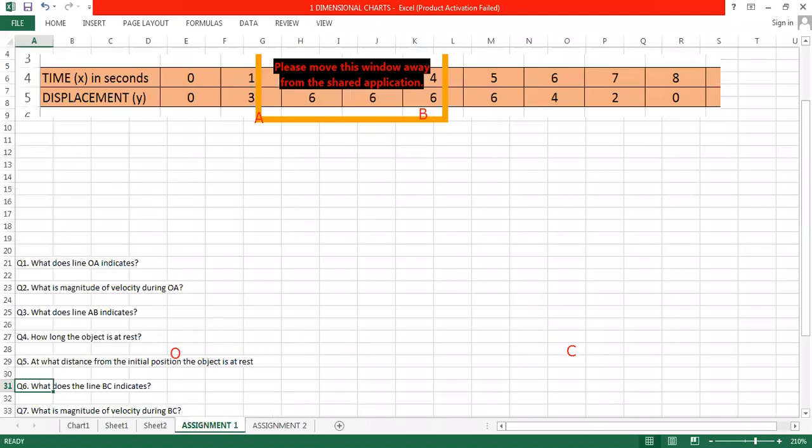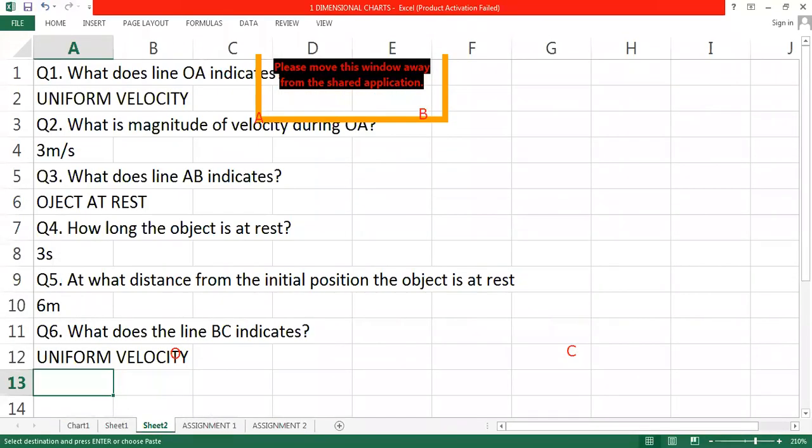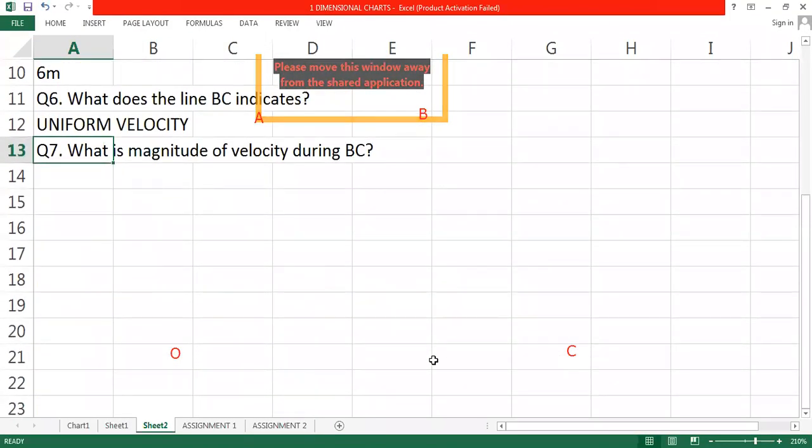Okay. Next question now. What is the magnitude of velocity during BC? Find out the magnitude of the velocity during BC.